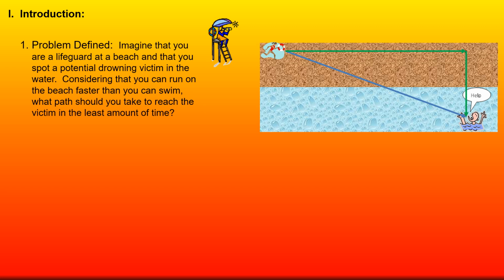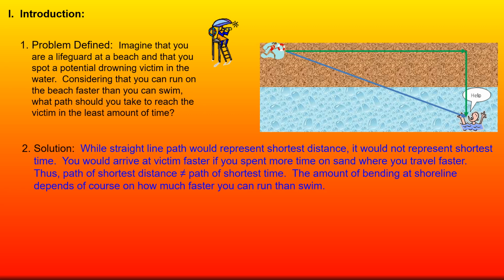Well, that path, of course, will depend upon how much faster you can run on the sand than you can swim in the water. So like we're saying here, the straight line path representing the path of least distance would not be the path of least time. You would be able to arrive at your victim faster when you spend more time on the sand, where you can actually travel faster.